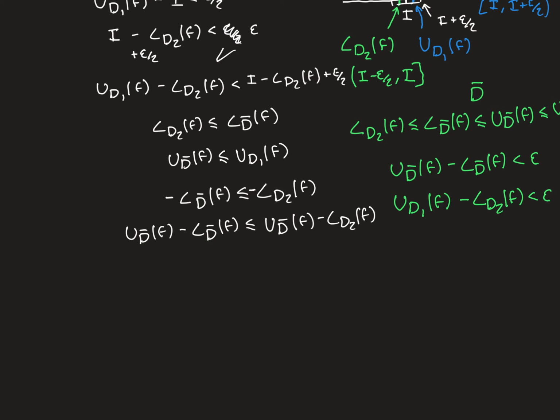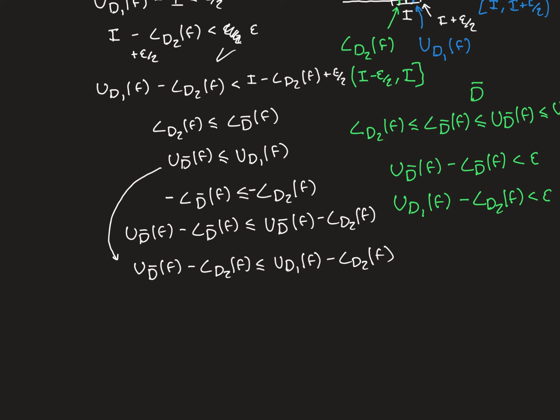So now what we're going to do is use this inequality here. So if we just subtract the lower Riemann sum over d2 of f from both sides, or add the additive inverse of the lower Riemann sum over d2 of f, the upper Riemann sum over d bar of f minus the lower Riemann sum over d2 of f is less than or equal to the upper Riemann sum over d1 of f minus the lower Riemann sum over d2 of f.